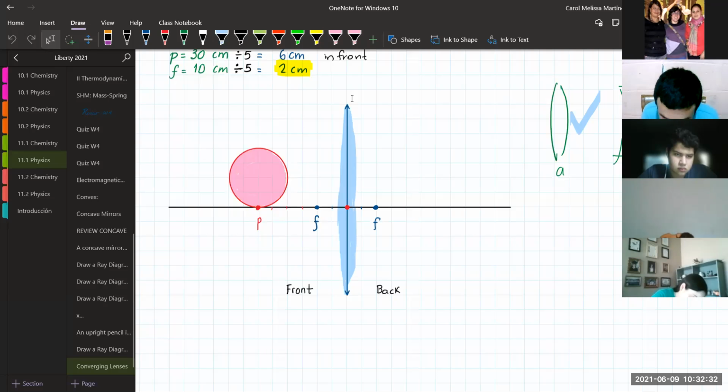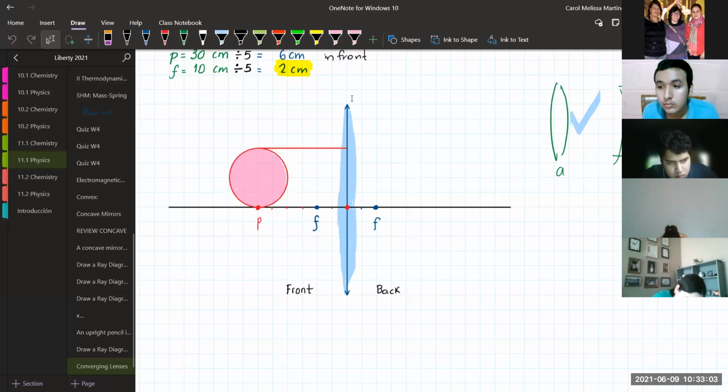So let's see. The first ray comes from the top of my object to the y-axis where the lens is located, okay?